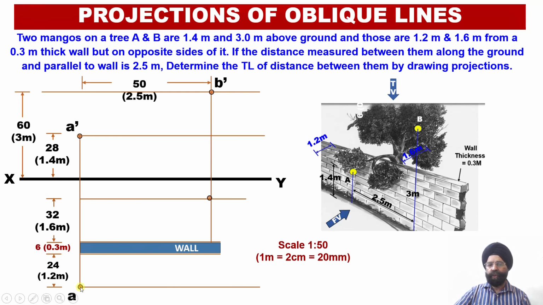So point A is also located, point B is also located, so we can join A dash B dash. So this is an apparent length. We have drawn it using a black color line. Similarly, point A in the plan, point B in the plan, they have been evaluated.